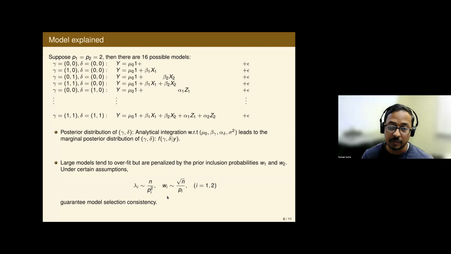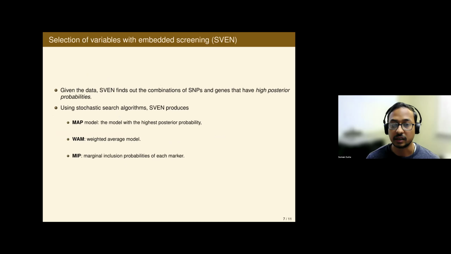That is, as either your error variance goes to 0 or your number of lines goes to infinity, you would pick only the truly important SNPs and truly important genes. That is, both your false positive rates and false negative rates will converge to 0.